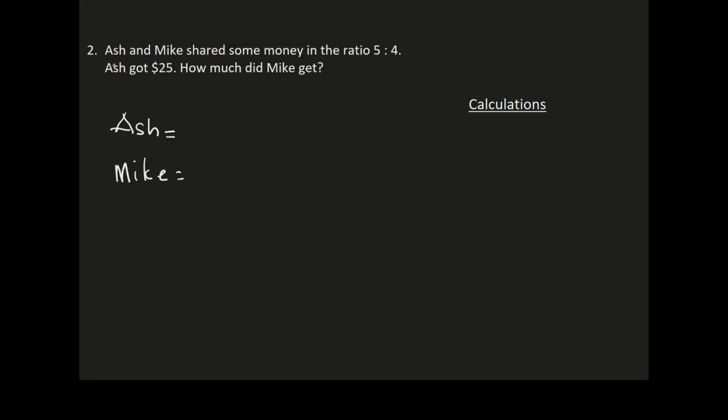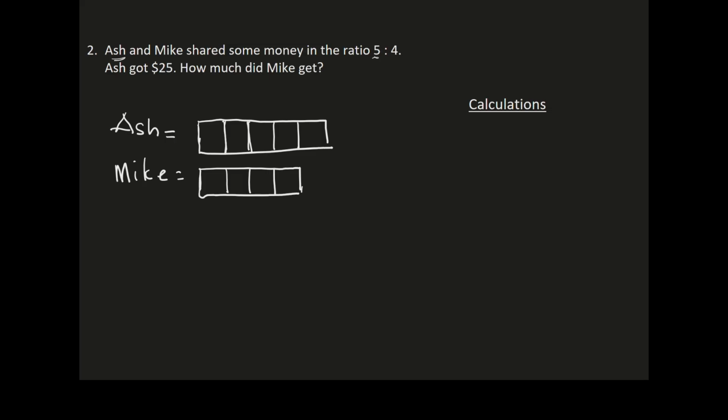So Ash's ratio is 5. Make sure you have equal parts. So 4 for Mike.